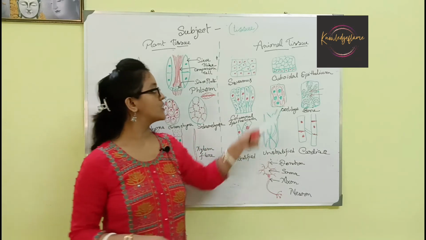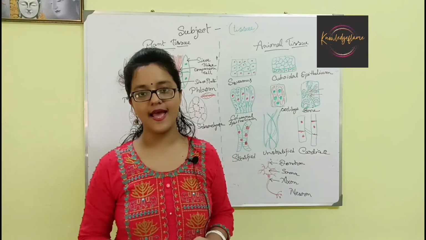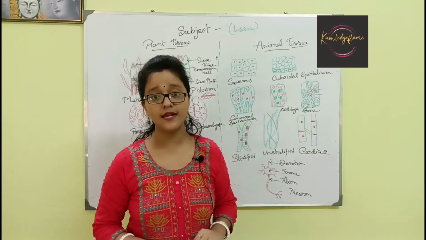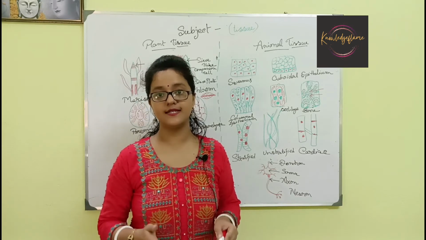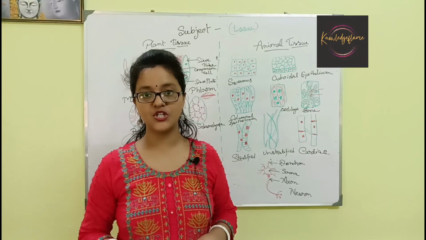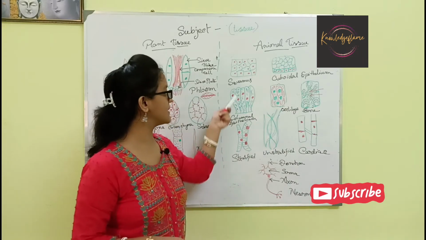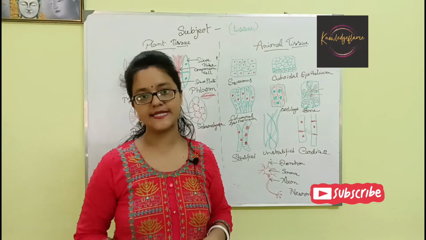Now, cuboidal epithelial tissue has cube-shaped cells, and this is found in the lining of kidney ducts. Now, at the lining of the intestine, at the lining of the digestive system, there is columnar epithelial tissue. The cells are elongated. Sometimes there are cilia present at the outer covering of the cell.